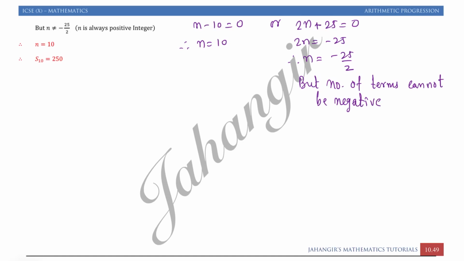So therefore my number of terms n is 10. So therefore I can say the sum of 10 terms is 250. We have to find the number of terms so that the total is 250. So we can say the sum of 10 terms is 250.